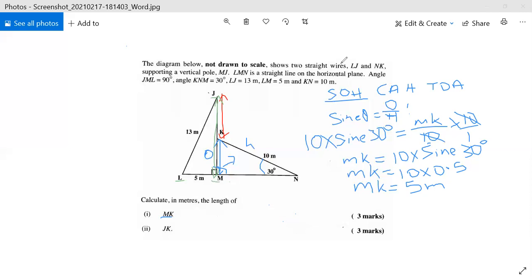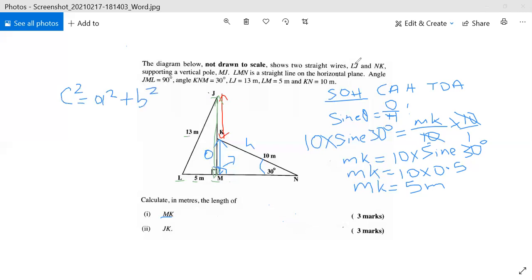We know the length of two sides, the hypotenuse and the adjacent side. So Pythagoras theorem would be perfect for us to use here, since we know the length of two sides and we want to find the third side. Pythagoras theorem states that c squared is equal to a squared plus b squared.